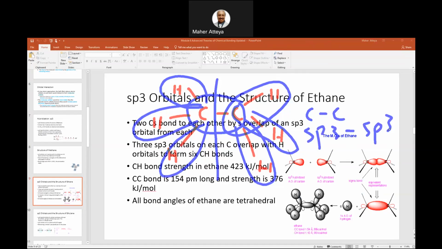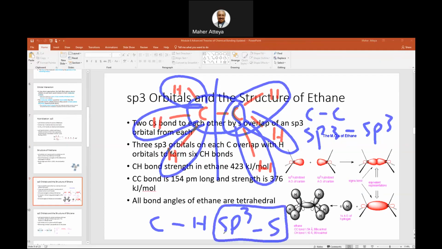The carbon-hydrogen, as we said before, is sp3 from carbon and s from the hydrogen. So if you are asked in choices whether it's carbon-carbon in ethane or carbon-hydrogen: between carbon and hydrogen is sp3-s, between carbon and carbon is sp3.